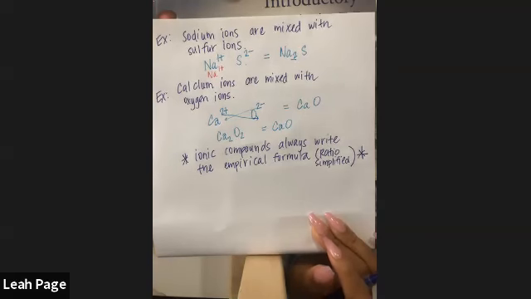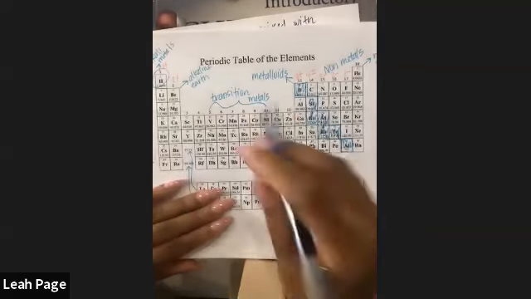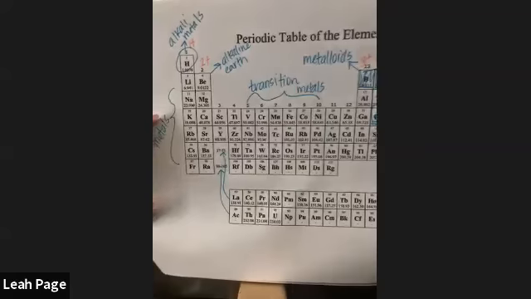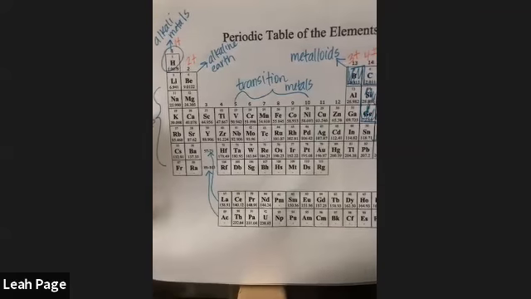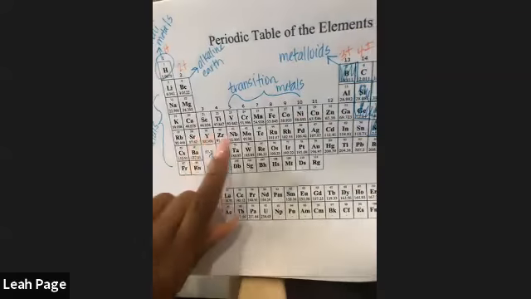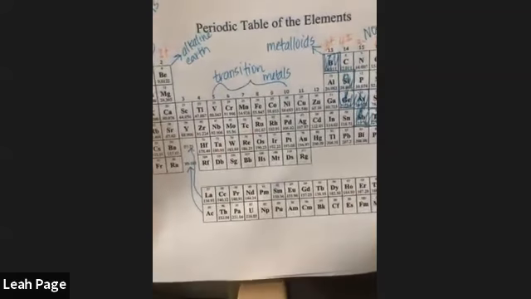All right, do I have any questions before I keep going? All right, I'm gonna keep going. So remember when we were looking at the periodic table, this one, and I wrote the ion charge in orange. So that 1+ and 2+, remember I wrote them all in orange, and I said the transition metals, they form multiple ions.